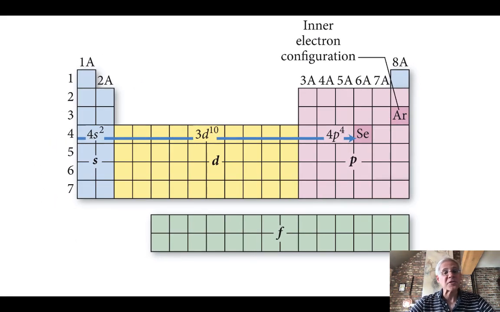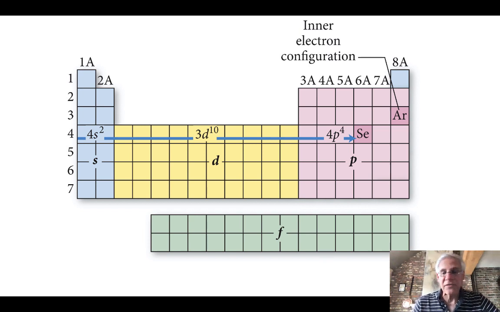Let's try another one here, selenium, a little bit bigger. We see that selenium sits way over here. It's another P block element. It is in period 4, and it's the 4th element in the P block in period 4. 4th element is 1, 2, 3, 4, and so I know that it's going to end in 4p4.